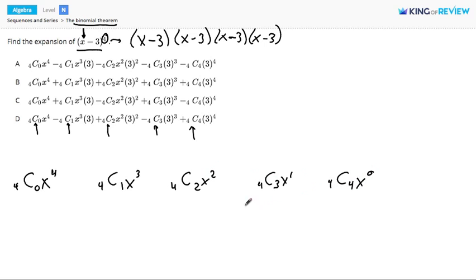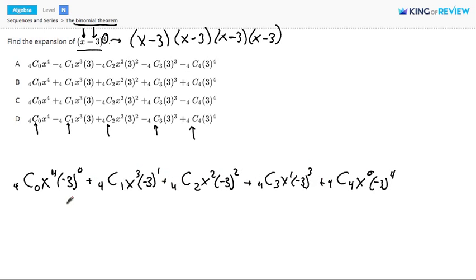The second term in the binomial, in this case negative 3, goes in reverse. It starts by being raised to the 0, then goes up to 1, and then up to 2, up to 3, and finally up to 4, the number we were raising the original binomial to. And all 5 of these terms are merely added together.